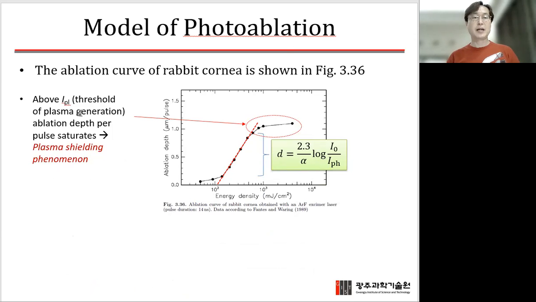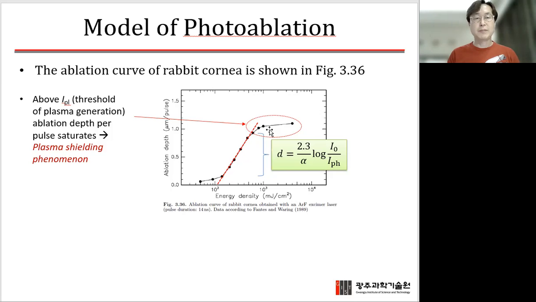In the next class, you will see the optical breakdown, which happens when a very high intensity of light is focused in a very small volume. But to make the plasma generation, there is also some threshold of the light intensity.